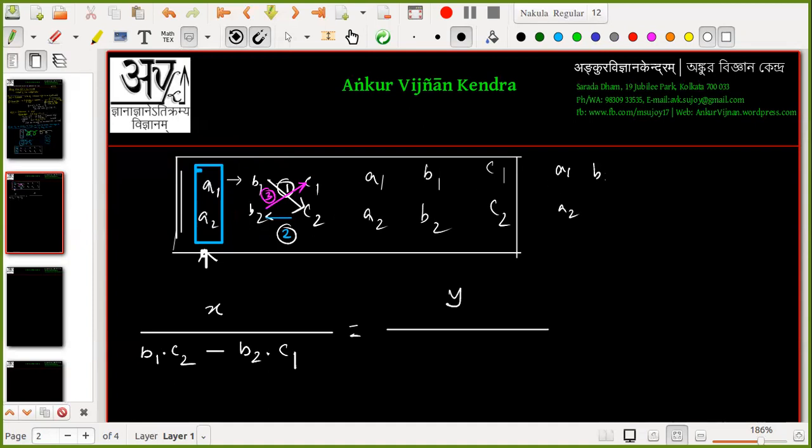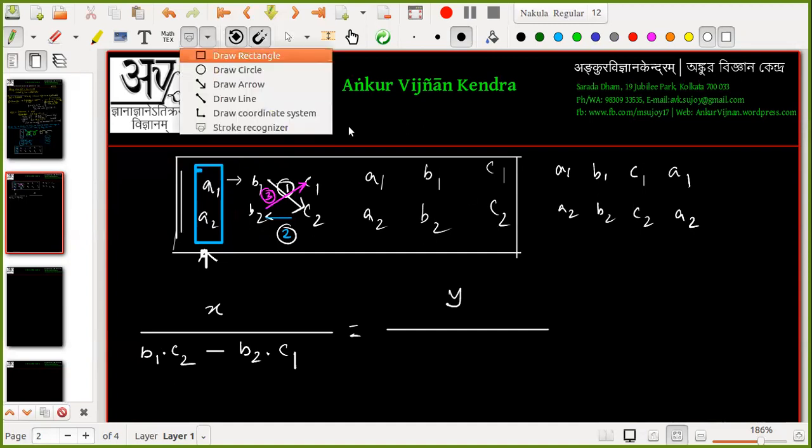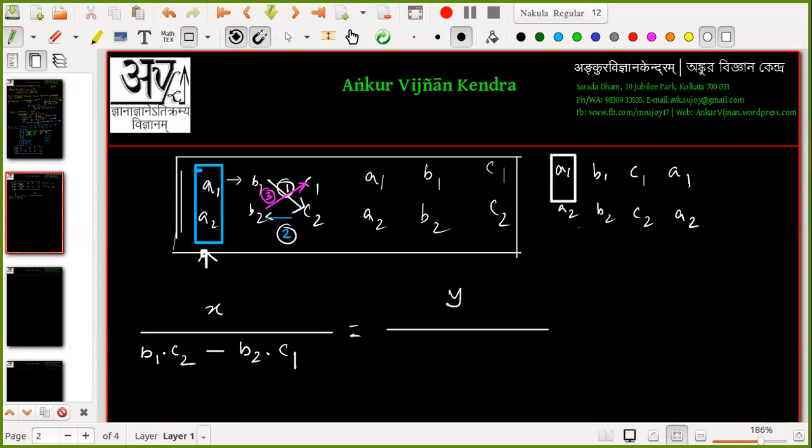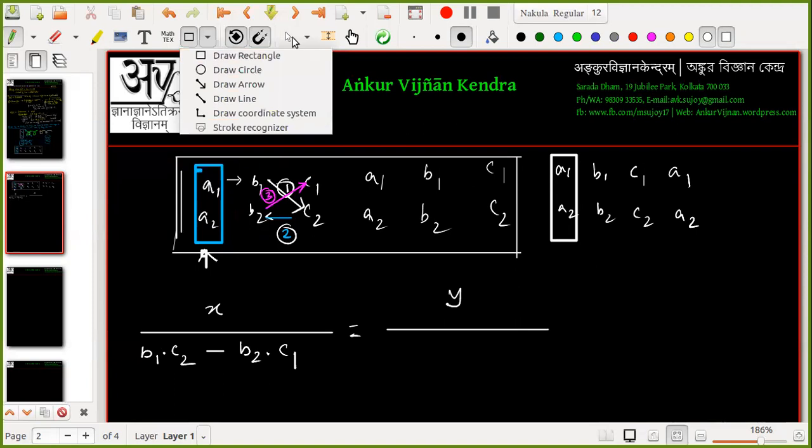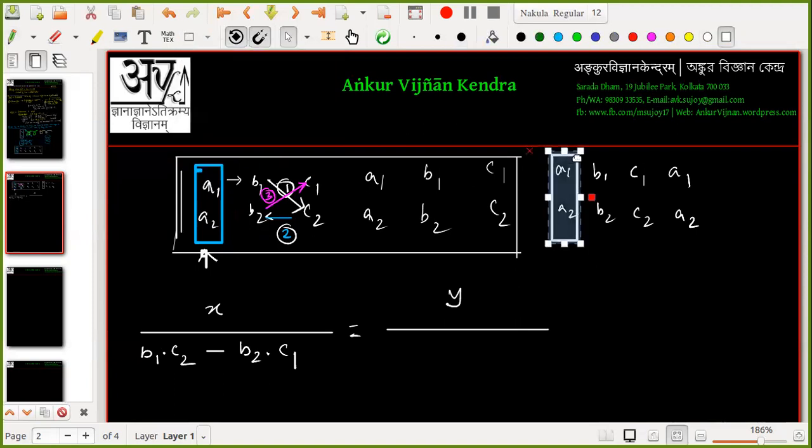So a1, a2, b1, b2, c1, c2, you have following that c1, c2 another particular pair a1, a2. So this has been discussed. This is done. So now we are moving from a1, a2 to b1, b2. So we are trying to solve for y.